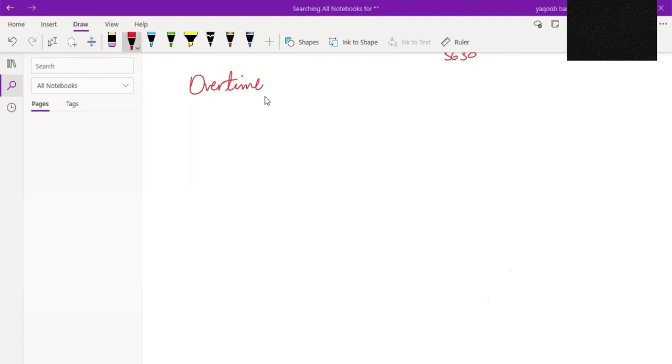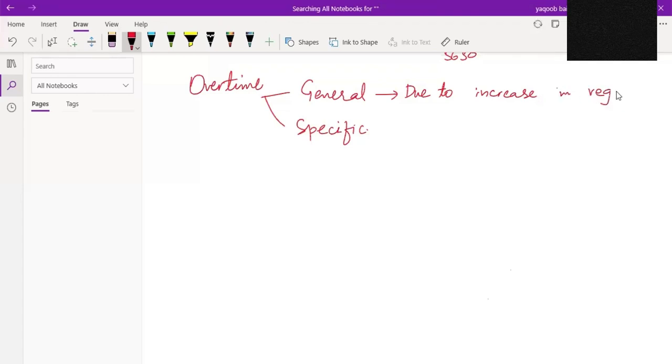There are two types of overtime. One is called general, the second one is called specific. General overtime is the one which arises due to an increase in regular demand.